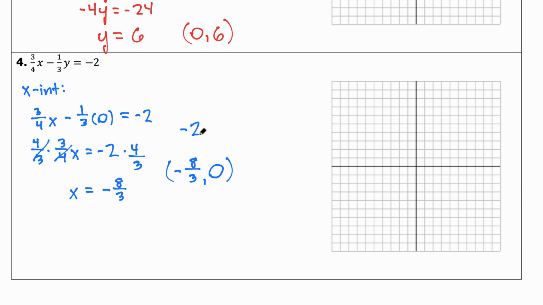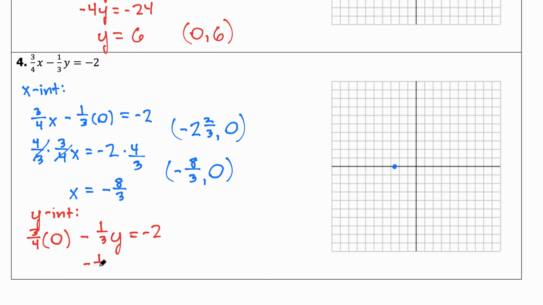Negative 8/3 is the same as negative 2 and 2/3. So we'll be to the left of negative 2, between negative 2 and negative 3, a little bit more than halfway. And then the y-intercept, we'll substitute 0 in for x, so 3/4 times 0 minus 1/3 y equals negative 2.